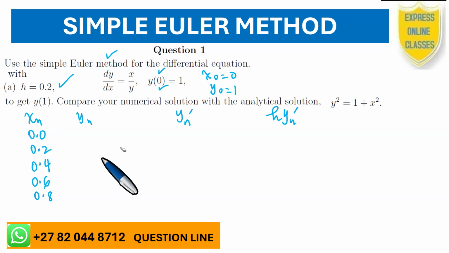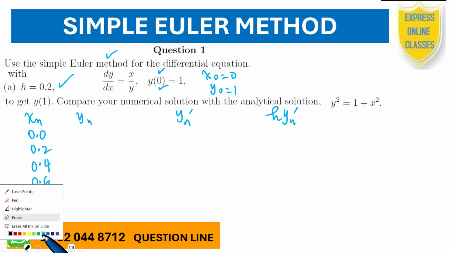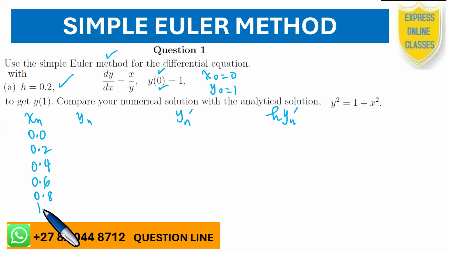If we start with 0 and add 0.2, we get 0.2. Another 0.2 is 0.4. Another 0.2 is 0.6. Another 0.2 is 0.8. Another 0.2 is 1.0. And then we'd have the y_n. So this is the table.